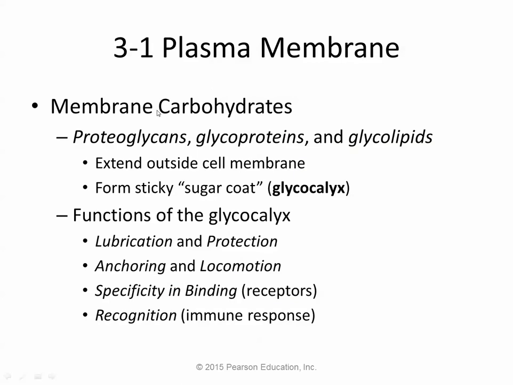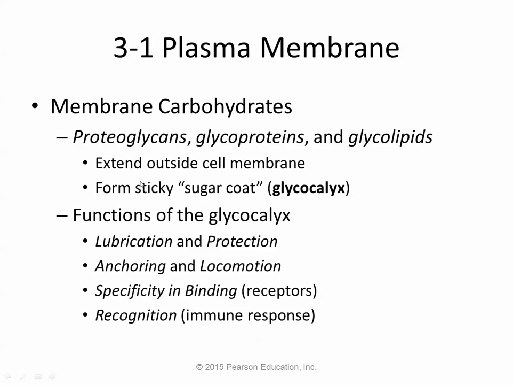So the other thing we looked at was proteoglycans and glycoproteins. These are proteins with carbohydrate components, and lipids, in this case glycolipids, with carbohydrate components. And these are the ones sticking outside of the cell membrane.